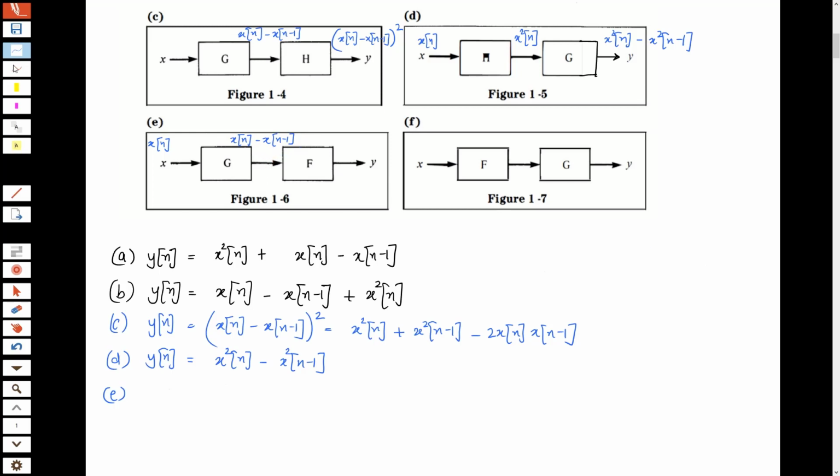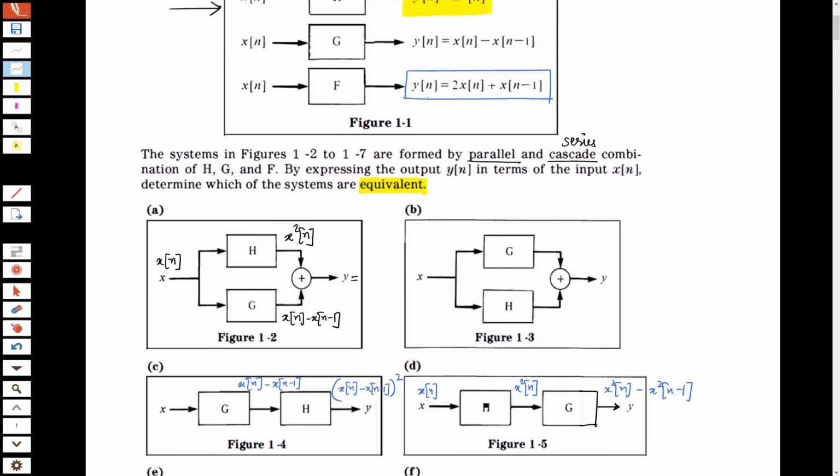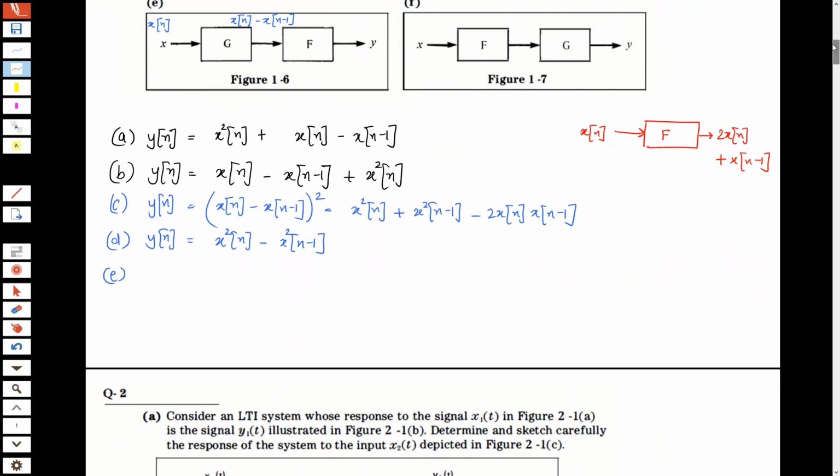So let me just quickly rewrite here what F actually does so that we don't have to go on scrolling again. System F, if it takes an input x[n], it gives an output 2x[n] plus x[n minus 1], right? This is what system F does.